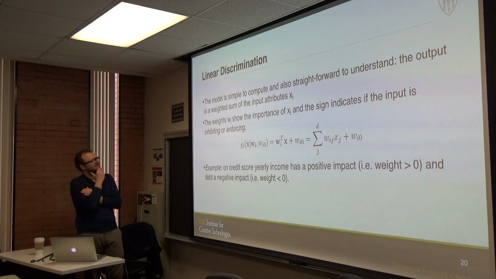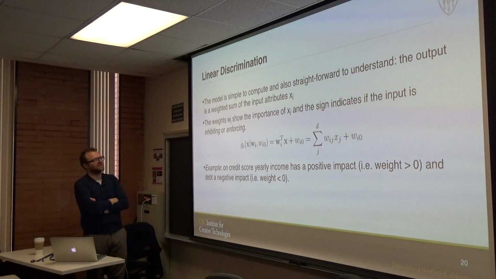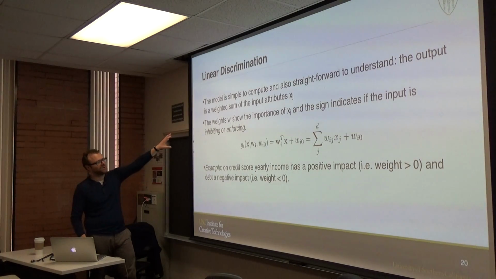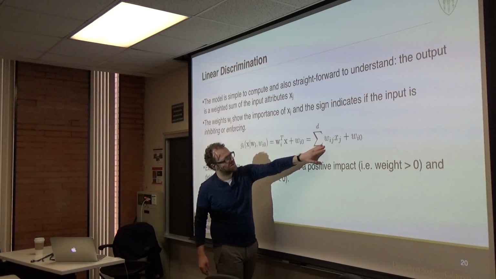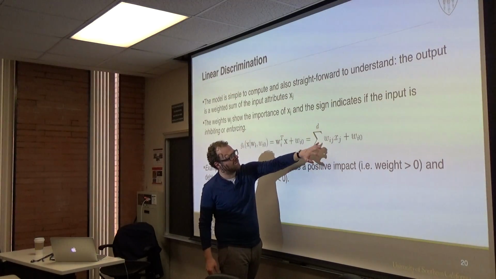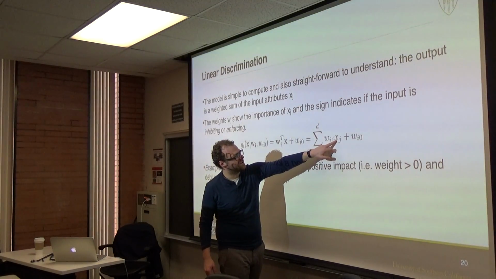But let's start with this example first. I kind of talked about this already, where basically in this simple model we compute the output or discrimination as a weighted sum, which you have here. So these are the weights, these are the inputs.